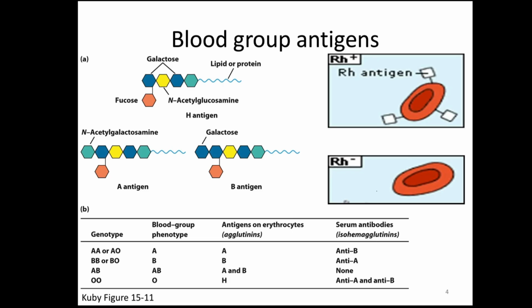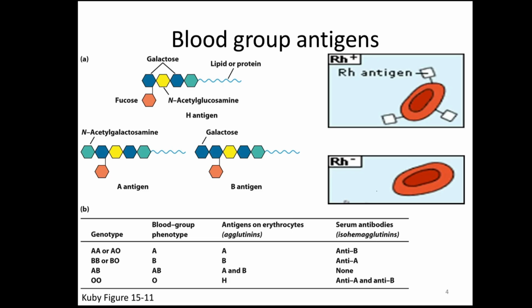They don't make antibodies against A, so they have no anti-A. They do have anti-B. I'll tell you more about that when we get to transplantation, why they have anti-B. And you can see that so on. And so everyone has different blood groups. This is sort of a pretty straightforward key thing.